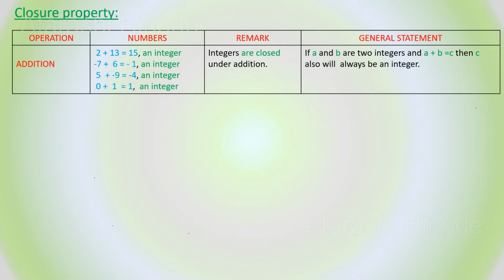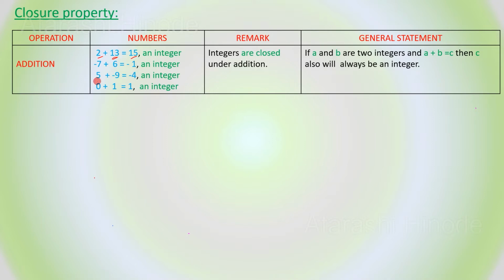First, let us check whether the integers are closed under addition. Here 2 and 13 are integers. When we add 2 and 13, we get 15. It is also an integer.